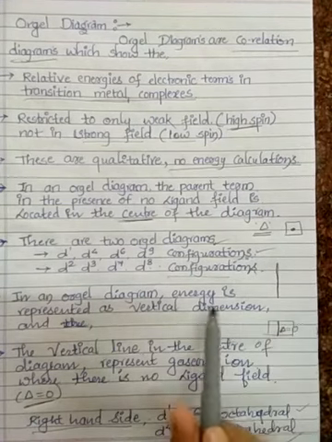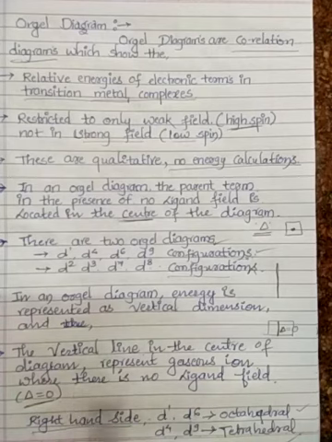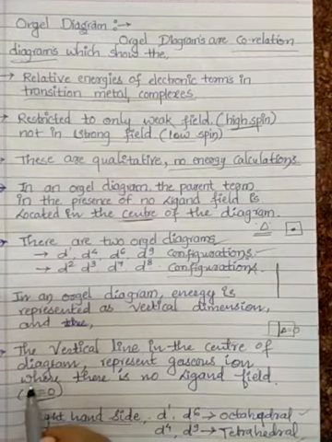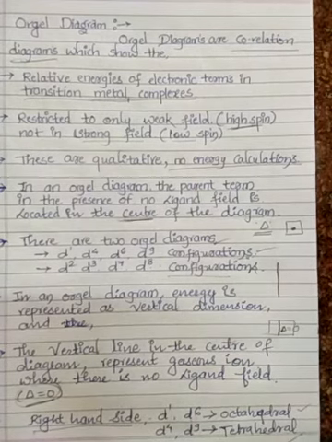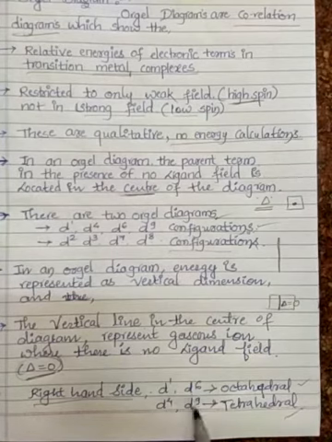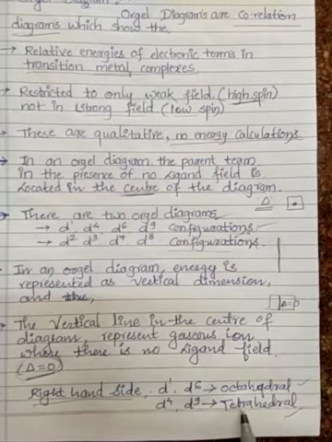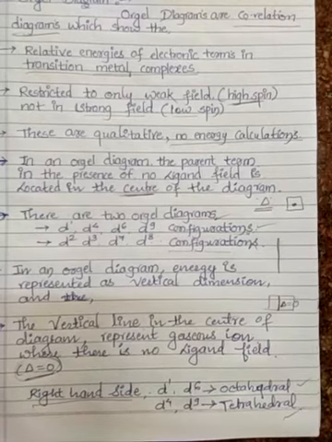Next, in an Orgel diagram, energy is represented on the vertical dimension, and the vertical line at the center of the diagram represents the gaseous ion where there is no ligand field at all, that is delta is equal to 0. Next, right hand side D4, D6, which is octahedral in nature. Next, right hand side D4, D9, which is tetrahedral in nature.